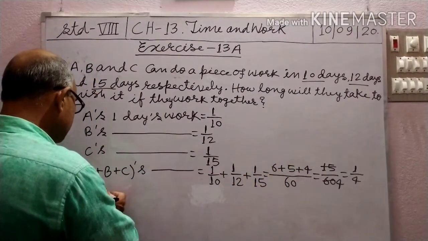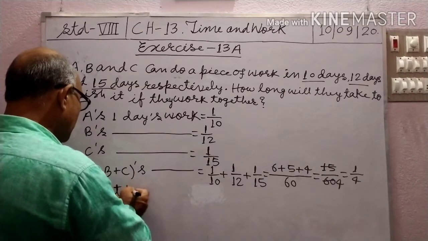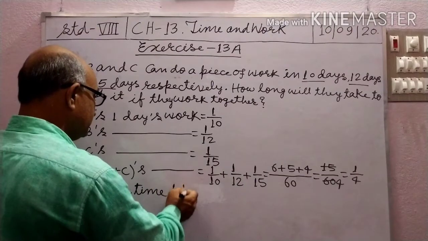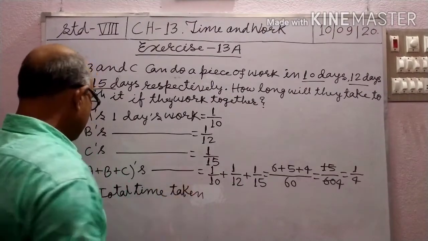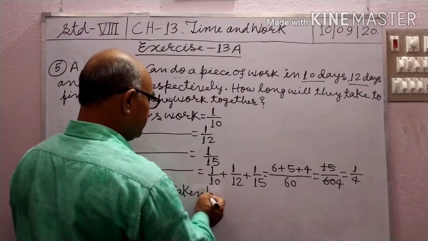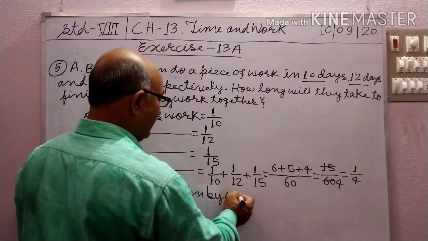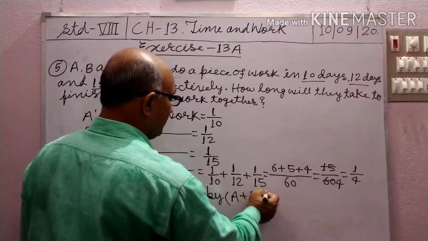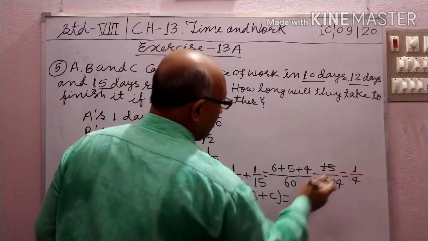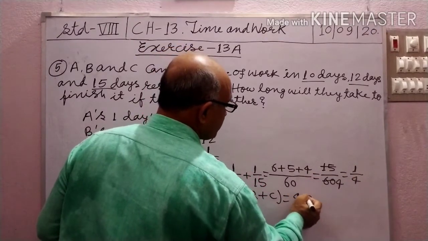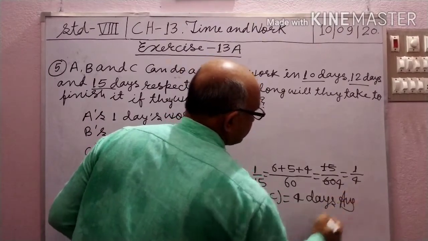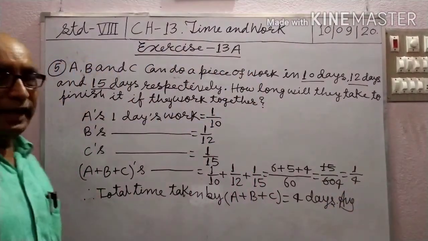Therefore, the total time taken by A plus B plus C equals 1 by 4, change into 4 by 1. So 4 days. Understand and write it.